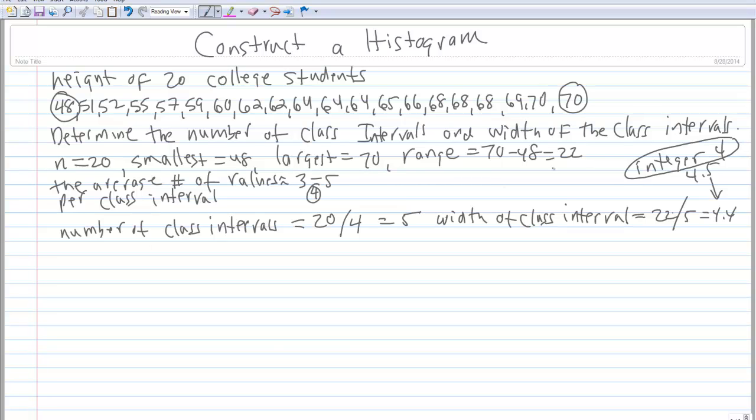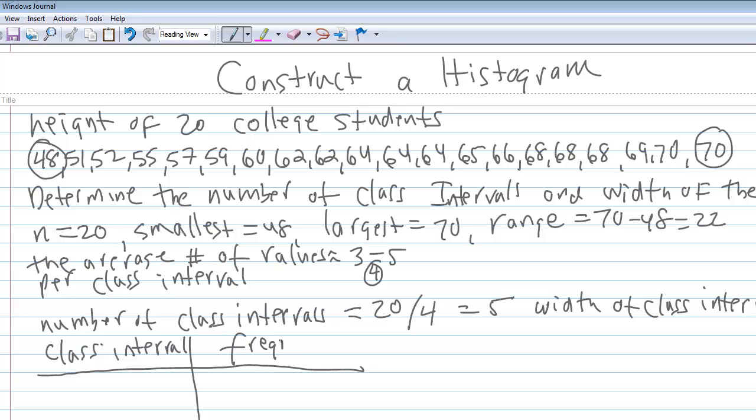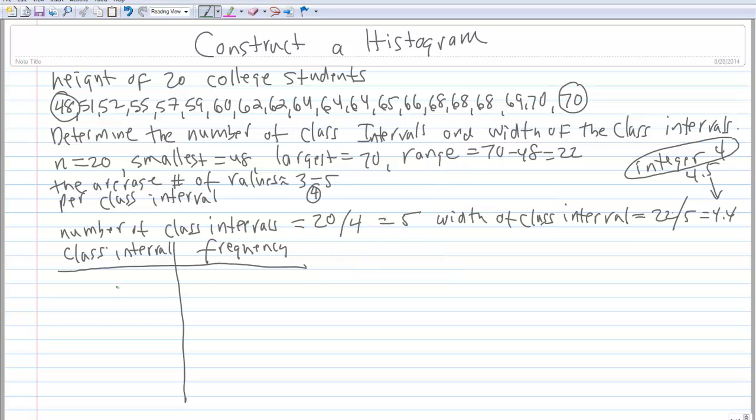Now that we know how many class intervals we're going to need and the width of each class interval, we can construct what's called our summary table. So in the summary table, we're going to have the class intervals here, and we're also going to have the frequency. The first class interval is going to go from the smallest number up to a number which is 4 bigger than 48.